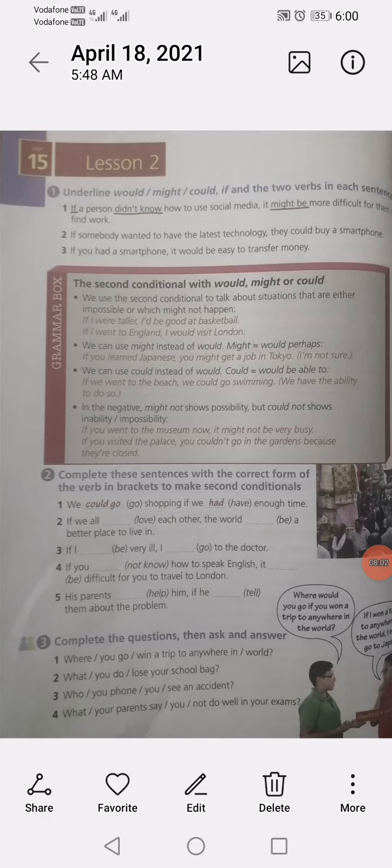Okay, what is this lesson? It's about the second conditional with would, might, or could. Okay, when do we use the second conditional? We use it to talk about situations that are either impossible or which might not happen. Such as, if I were taller, I'd be good at basketball.